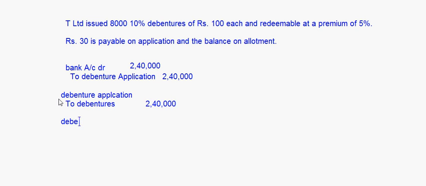Now when we come to the debenture allotment, debenture allotment account debit. Now here this is 8,000 into 70 rupees, right? 8,000 into 70 is 5,60,000. Now look at this.